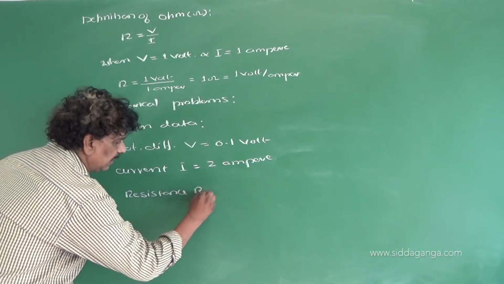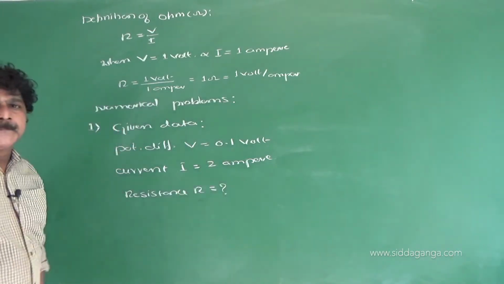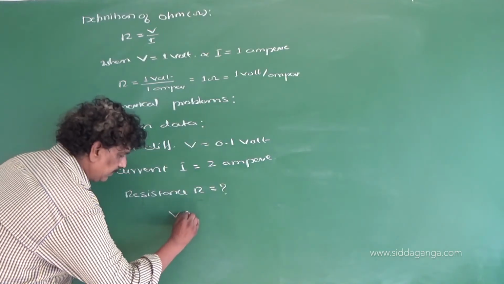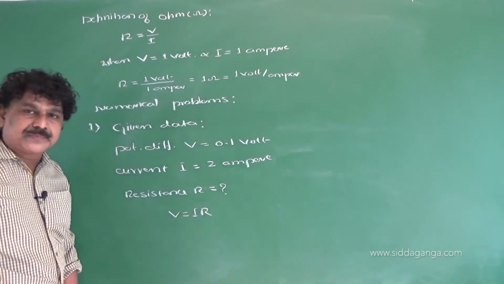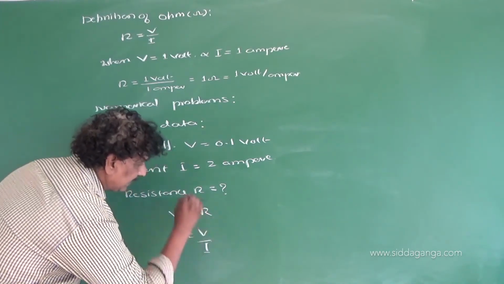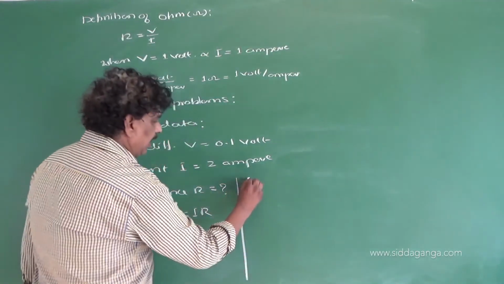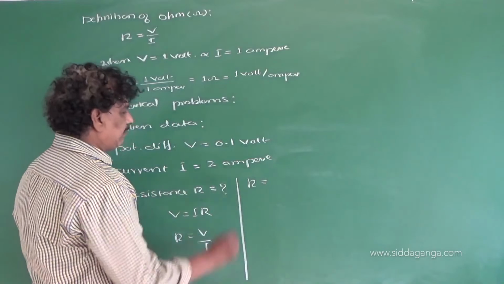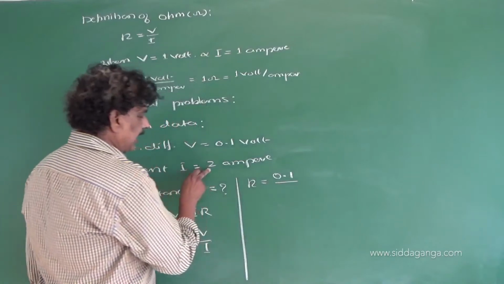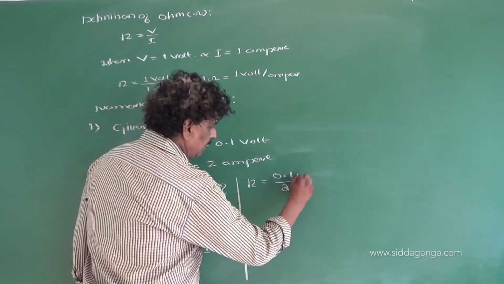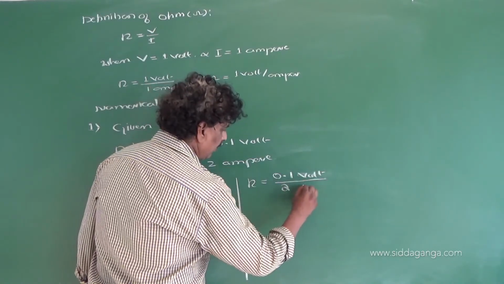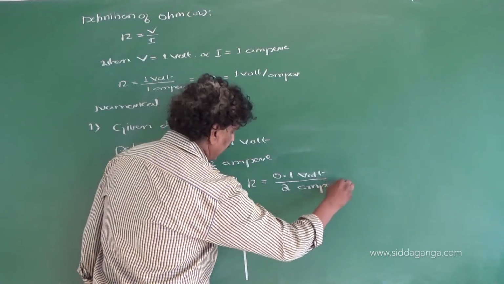Now the resistance R is equal to what? From Ohm's law we have V is equal to IR, or R is equal to V by I. R is equal to 0.1 volt by 2 ampere.